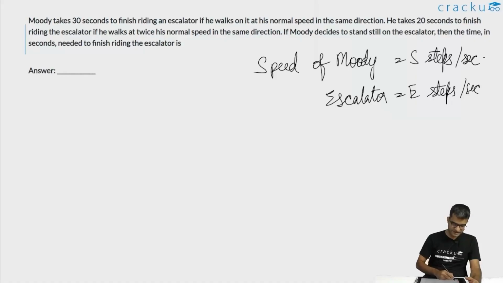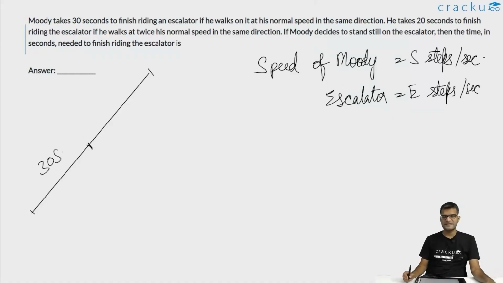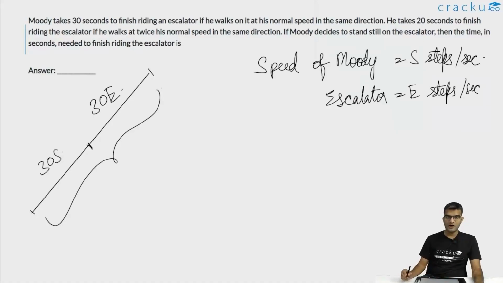So he is going like this. He travels for 30 seconds, so he is going to cover 30s. In those 30 seconds, the escalator will cover 30e. So the total steps on the escalator T is equal to 30s plus 30e.